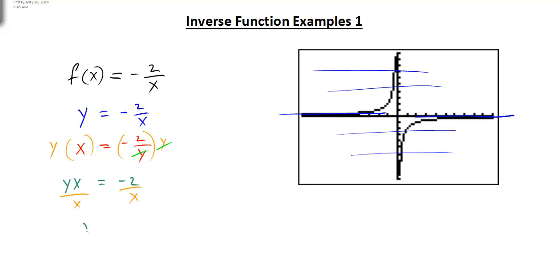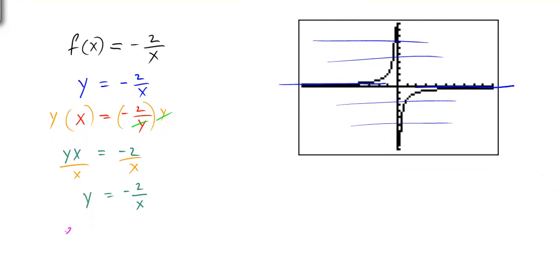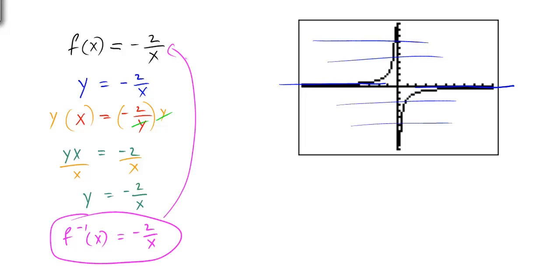So then we're left with y equals negative 2 divided by x. Therefore, the inverse function is negative 2 over x, and if you notice, this is the same as our original function.